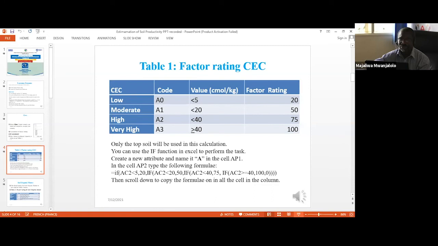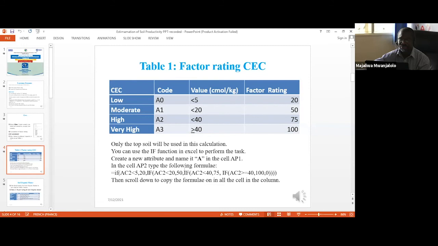For example, here for CEC, we are saying low means less than 5. If the new cell you have created is AP, you call it A, A meaning the factor rating for CEC, cation exchange capacity.